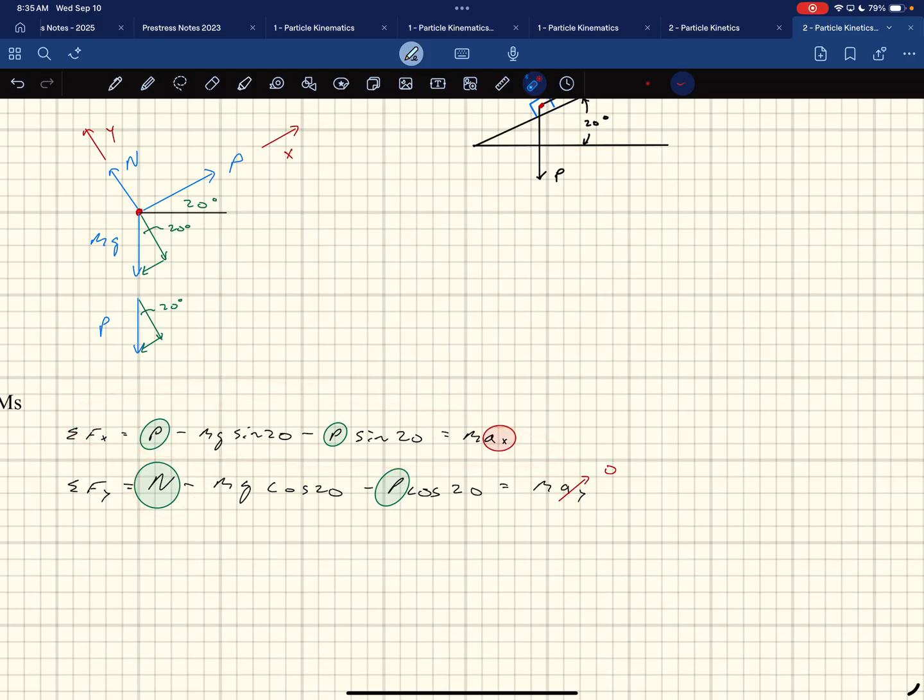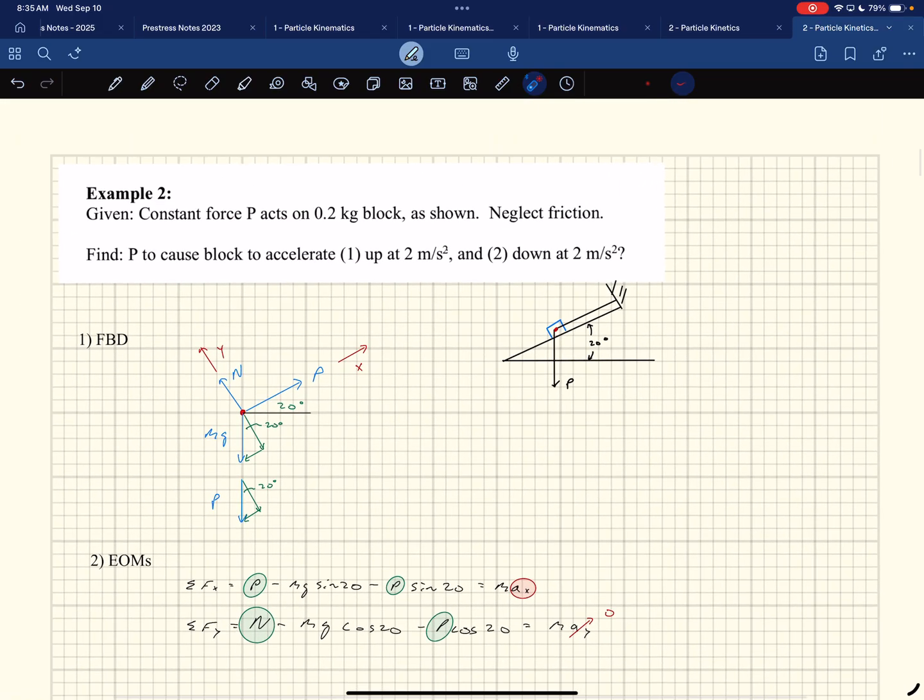So did you just logically assume that AY is not a thing? Yeah, if AY was a thing, it would have to be accelerating up or down off that ramp, and it's not. It's stuck to it. It's just going to slide along it. Yep. That normal force is going to keep it from accelerating that direction.